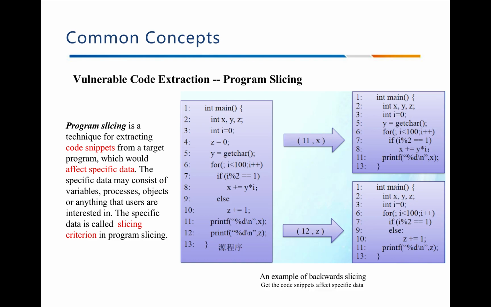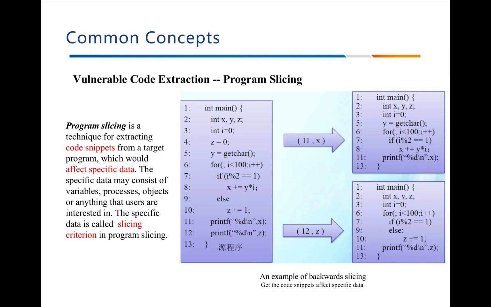Because type 3 clones have code additions and deletions, we need to use lines as the granularity for clone detection so that the impact of additions or deletions can be avoided. We propose to use program slicing to obtain discontinuous code fragments representing vulnerabilities, which can achieve the detection of type 3 restructured clones.